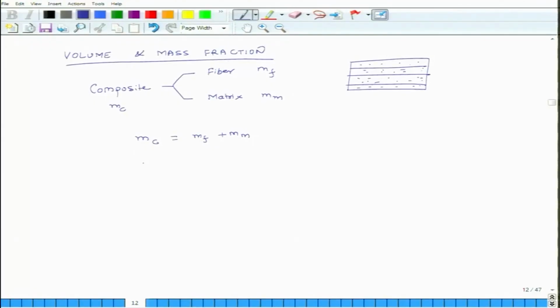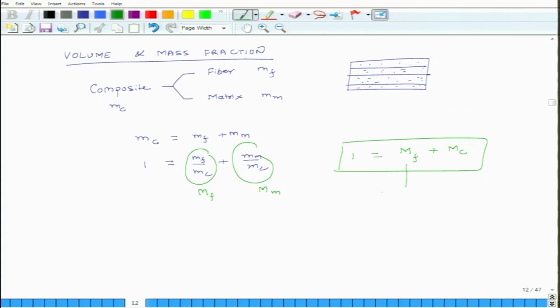So, if I divide this by MC, I get 1 equals MF over MC plus MM over MC, and I relabel these. So, this I call capital M F and I call this capital M M. So, I write this as 1 equals capital MF plus capital MM.